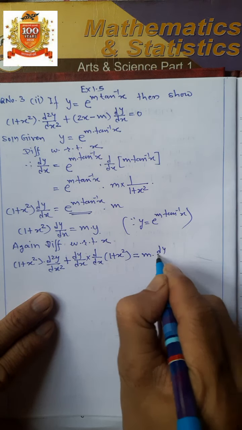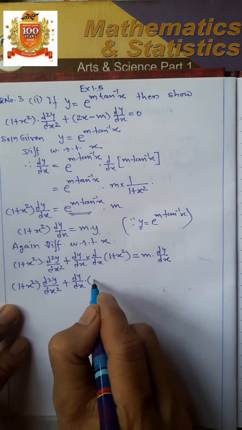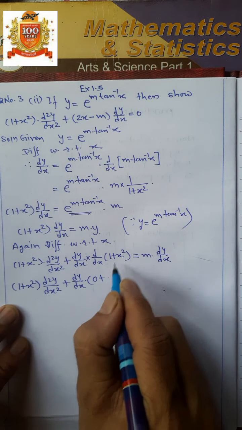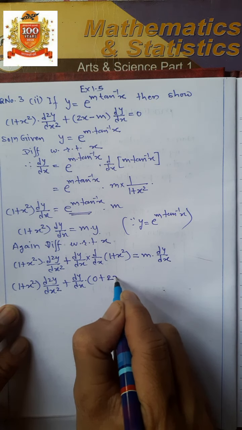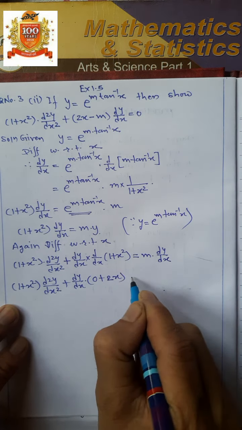That is 1 plus x square into d2y by dx square plus dy by dx as it is, derivative is 0 plus derivative of x square is 2x, is equal to m into dy by dx.